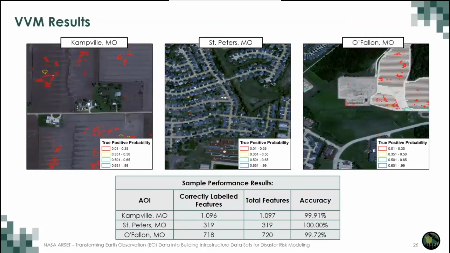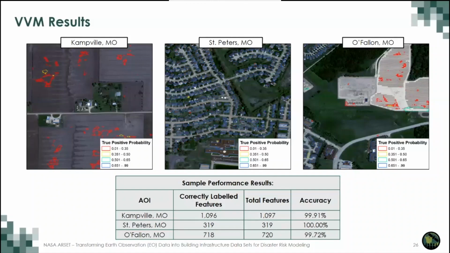And here are some of the results of the VVM. I really like this slide because what you're seeing here is the combination of two machine learning models. We're getting the geometry from the convolutional neural network, and then we're getting the symbology, or the color, from the verification and validation model.